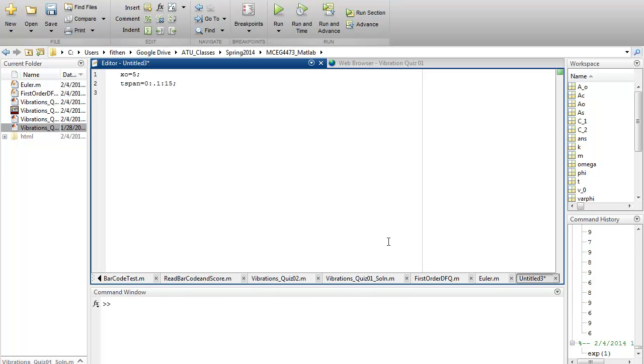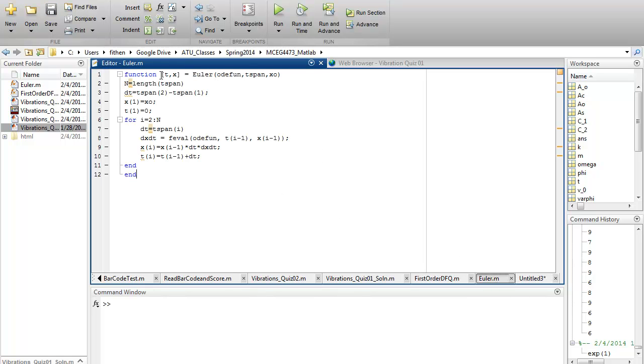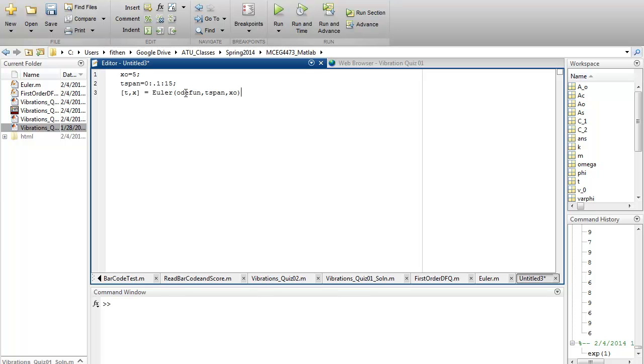Then I'm going to call my Euler. Looks like this. But my ODE function is called this, first order differential equation.